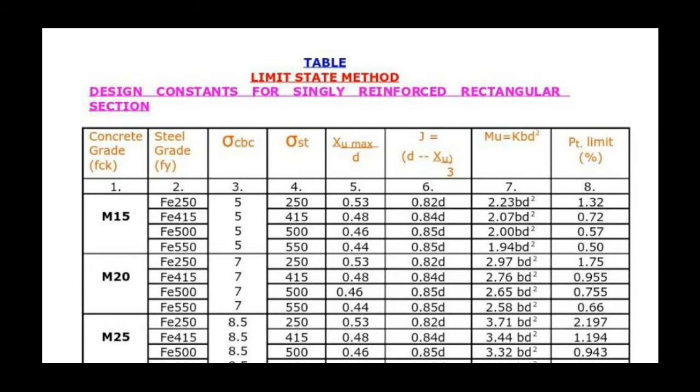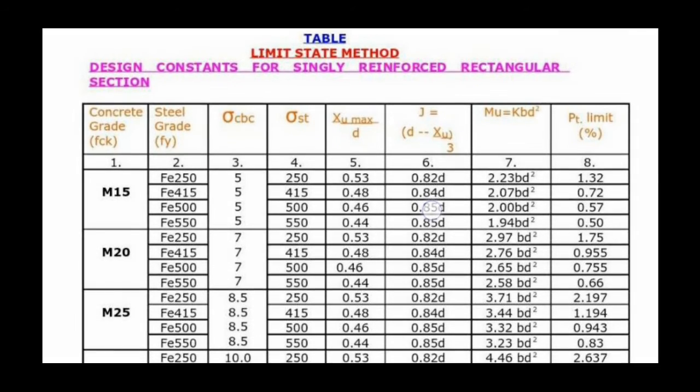Look at this table. This table is for design constants for singly reinforced rectangular section, but these constants may be used in many designs. For the limit state method, for our purpose, mainly we have to focus on the first column, grade of concrete, that is fck, the second column, steel grade, that is fy.